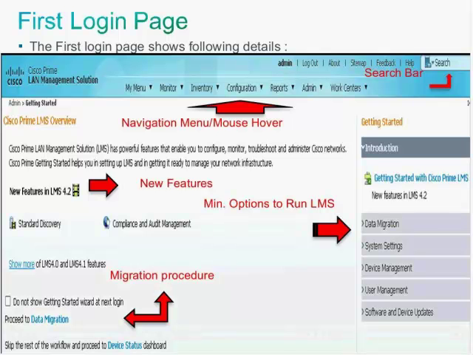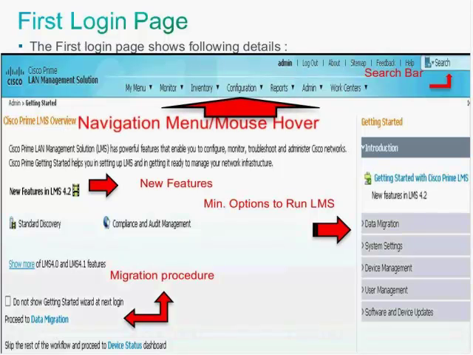This is the first login page, which shows the following details. This is the navigation menu, where if anyone has used CiscoWorks in the older days, it used to be a combination of several modules listed on one particular page.